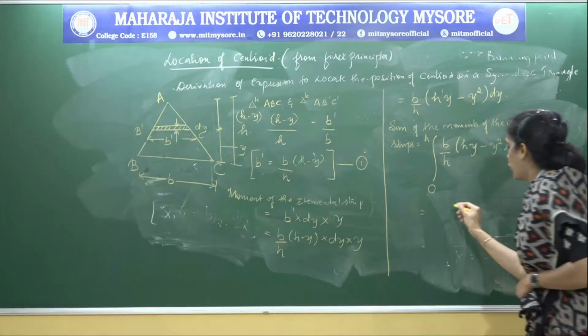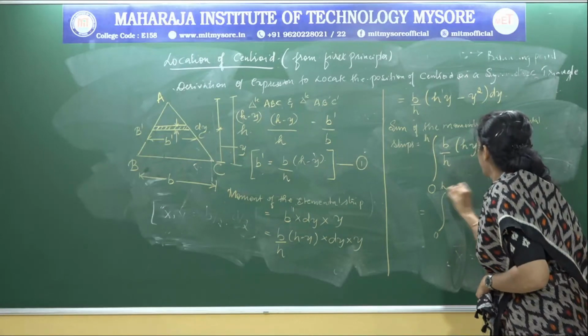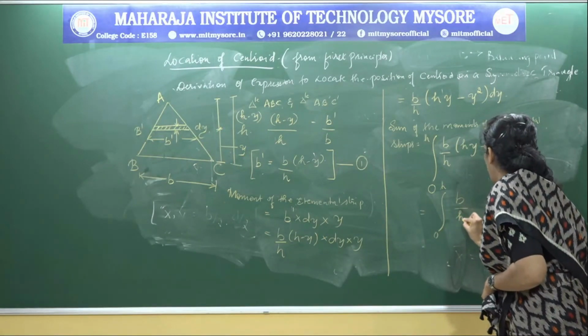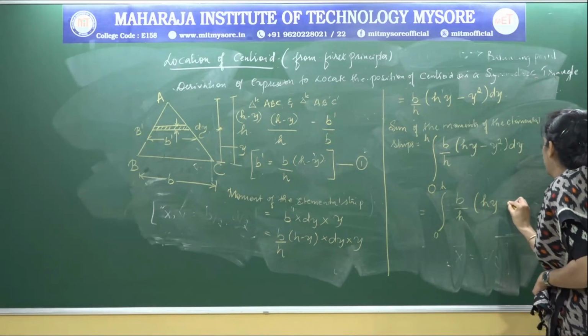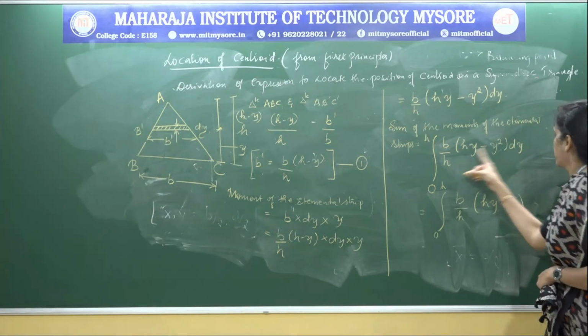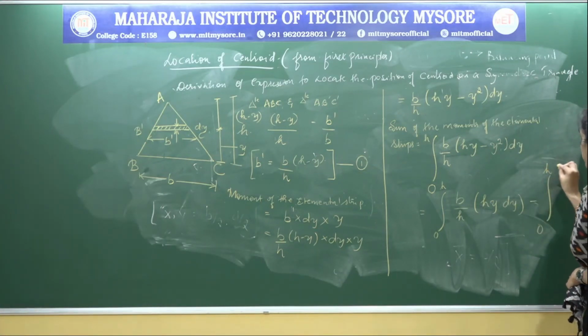So now upon integration, or first upon removing the brackets, we get hy dy minus integral of y square dy.